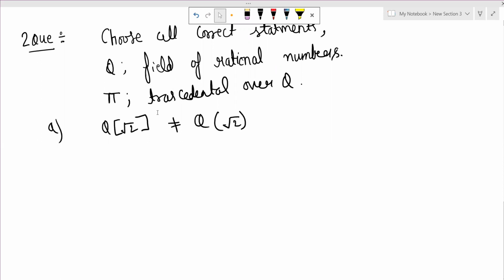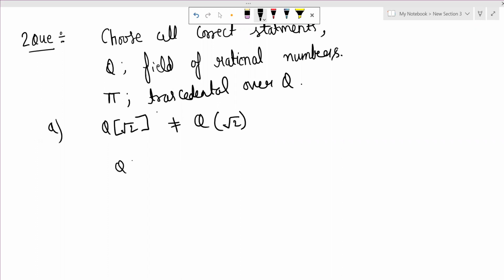The first statement is saying that Q with square brackets around square root of 2 is not equal to Q with round brackets around square root 2. Is this true? Do you know the notations? What is Q root 2? Let me explain the notation.